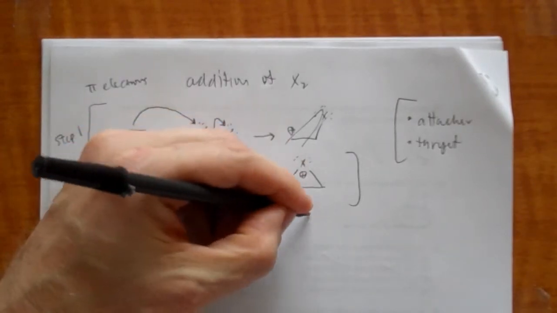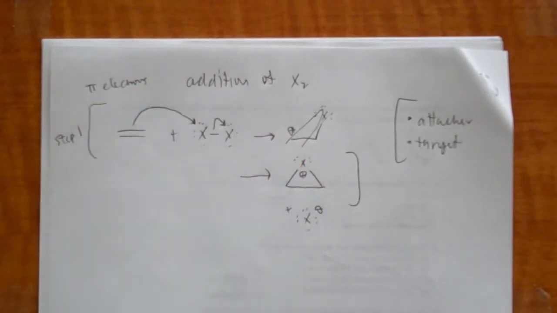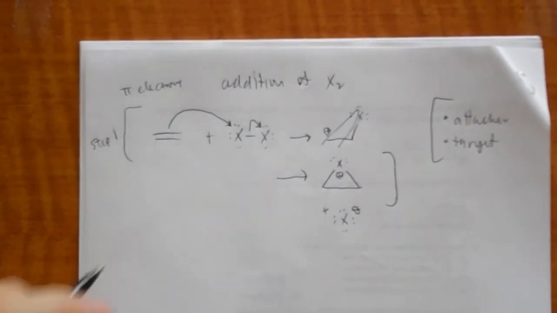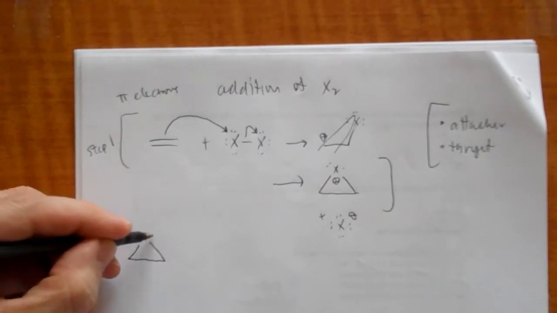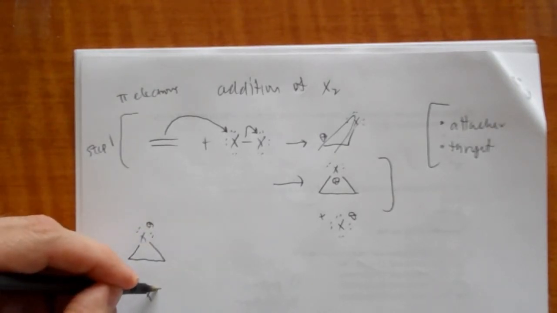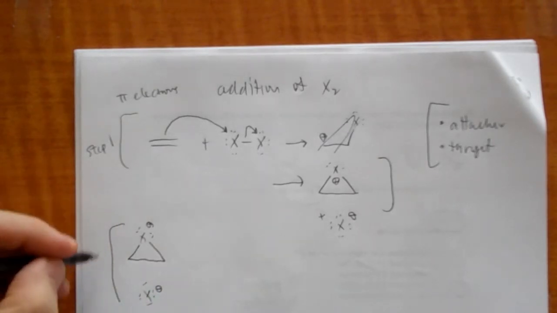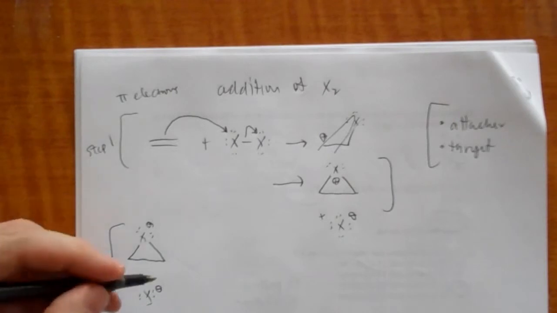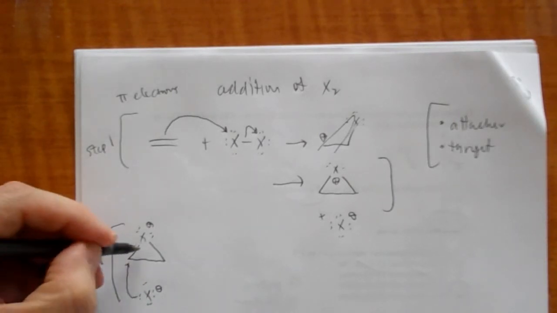Okay, so what do we have left here? That. Okay, can you guess what's going to happen here? So I'm giving you a hint by drawing it down here, aren't I? Okay, these electrons come here.